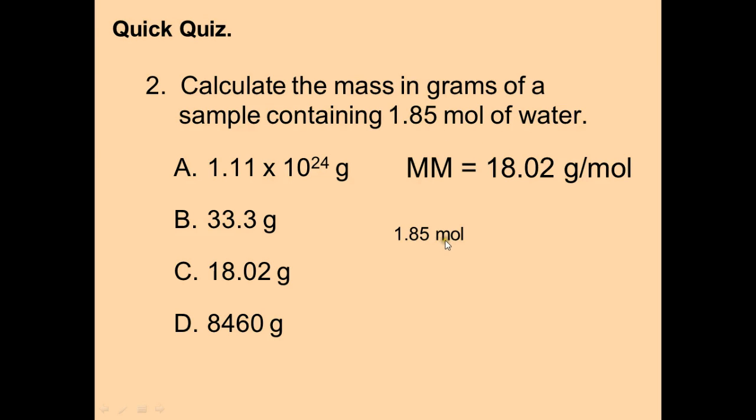Whatever we have on the numerator of the first fraction, we have to put on the denominator of the next fraction. So we multiply it times 1 mole because it's molar mass. So 1 mole always goes with the gram amount. And on the numerator of the next fraction, we put the gram amount, which is 18.02 grams.